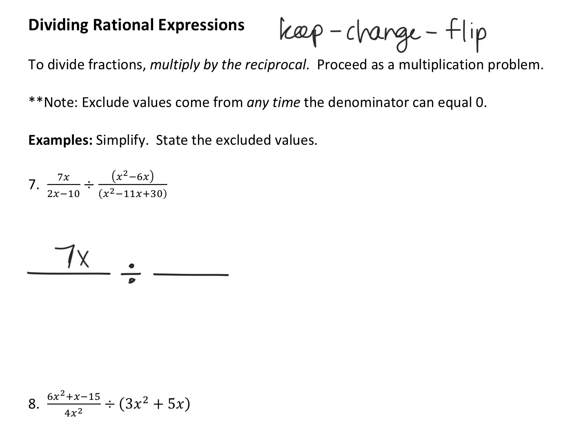So 7x can't be factored. What's the GCF of x squared minus 6x? X, yep. Okay, so we're going to take out an x, which would leave you with x minus 6. Okay, so we're just rewriting. Now onward we go. What's the GCF of 2x minus 10? 2. So take out a GCF of 2, which would leave you with x minus 5.